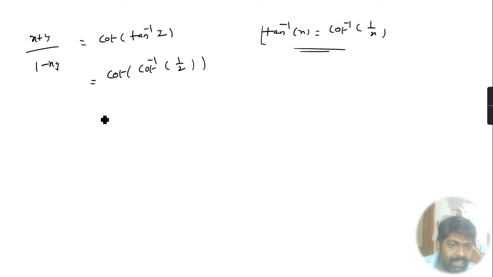And the cot and cot inverse will cancel: cot of cot inverse of x is equal to x. These are the formulas.